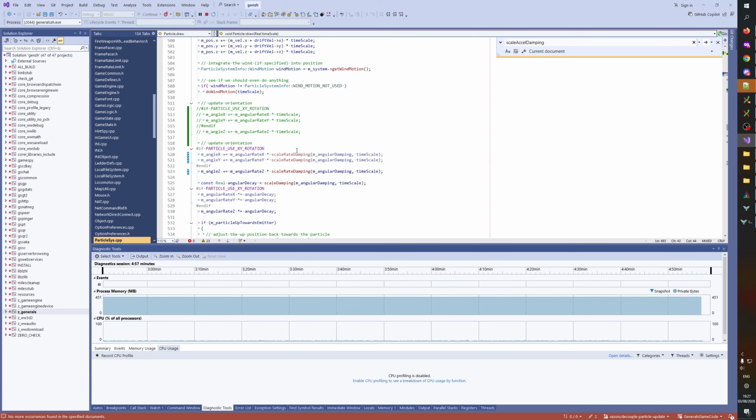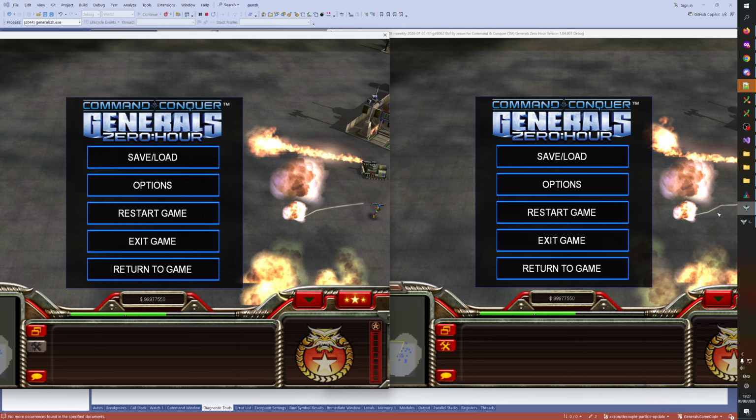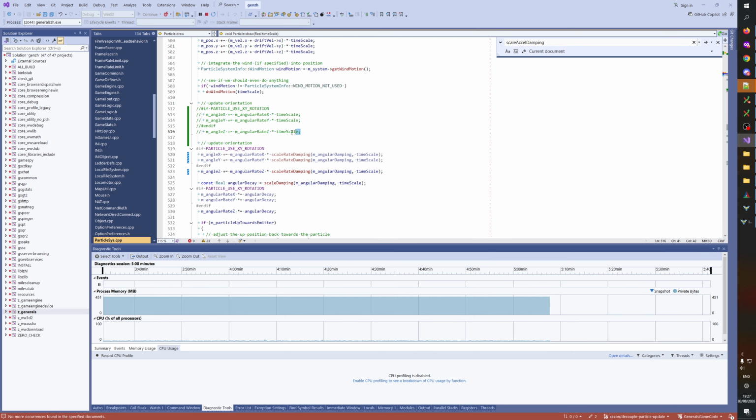Okay, how about we compare? So what we can say here is that this looks pretty much the same, right? So let's do define before one.